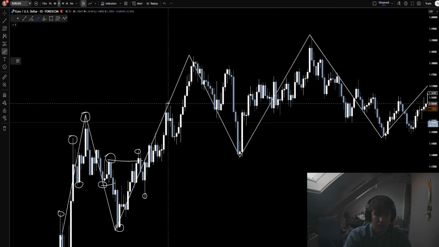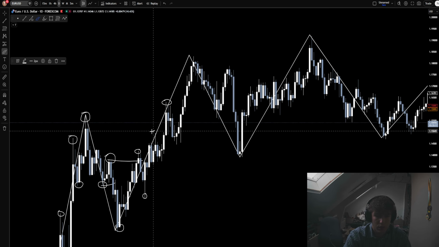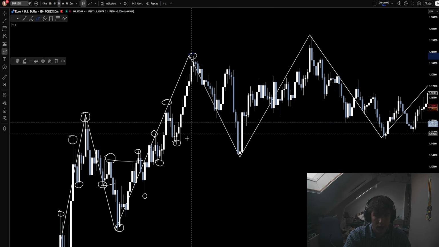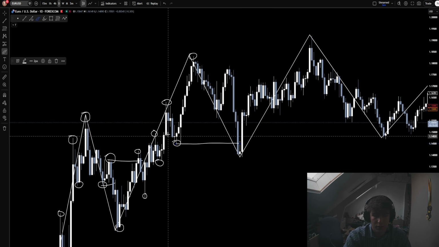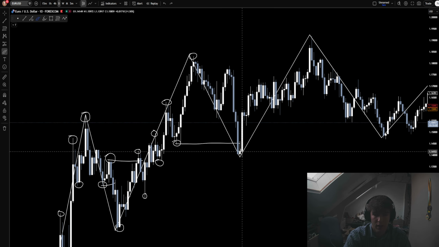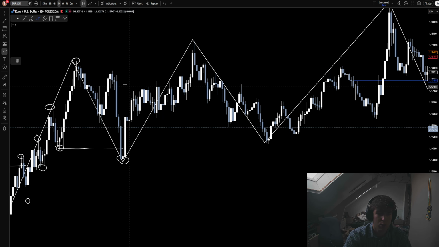What do we see then? Here is our internal market structure because we just continue high, low, high, low, high. Here we see a change of character internally. So we know that if price goes up towards the high, then this is our external daily swing structure.